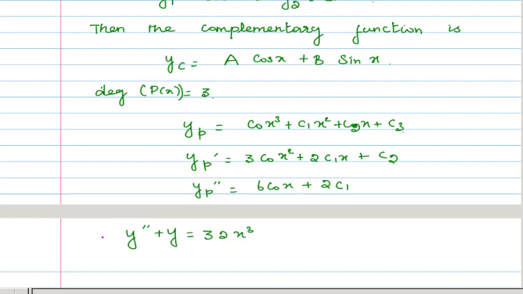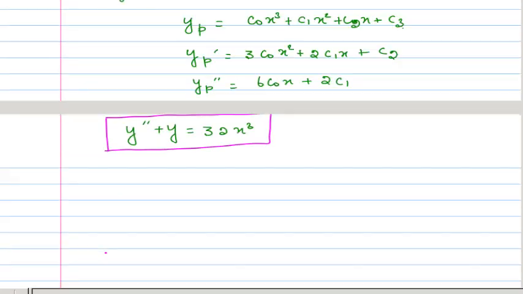Applying this in terms of yp, it becomes 6 times c0 times x plus 2 times c1 plus c0 times x cube plus c1 times x square plus c2 times x plus c3 equal to 32 times x cube.